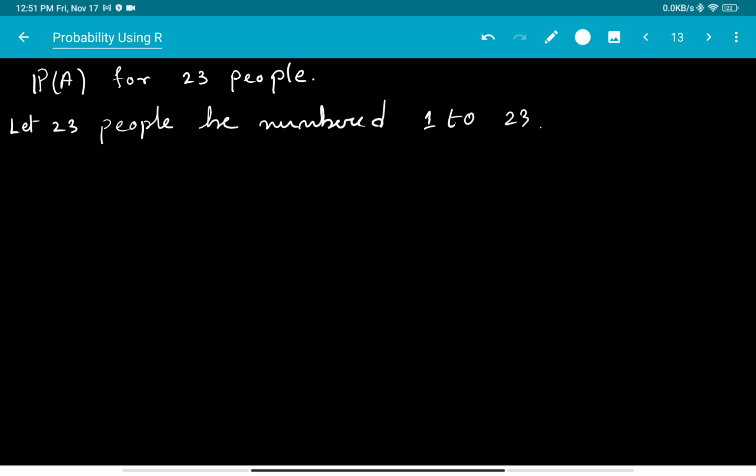Again I am repeating that the event that all 23 people have different birthdays is the same as the event that person 2 doesn't have the same birthday as person 1, and that person 3 doesn't have the same birthday as either person 1 or person 2, and so on.